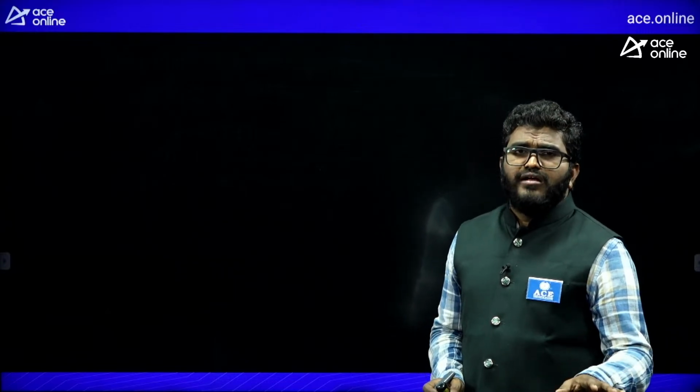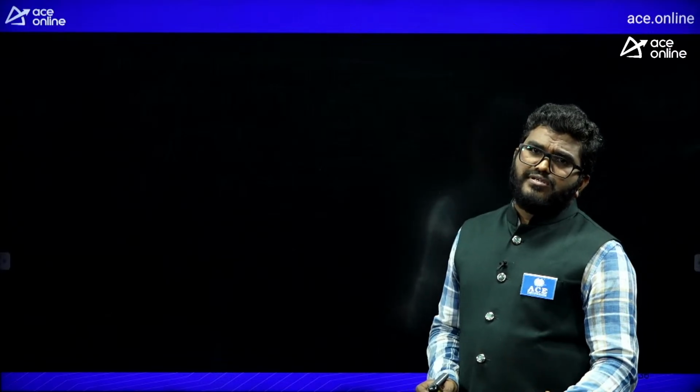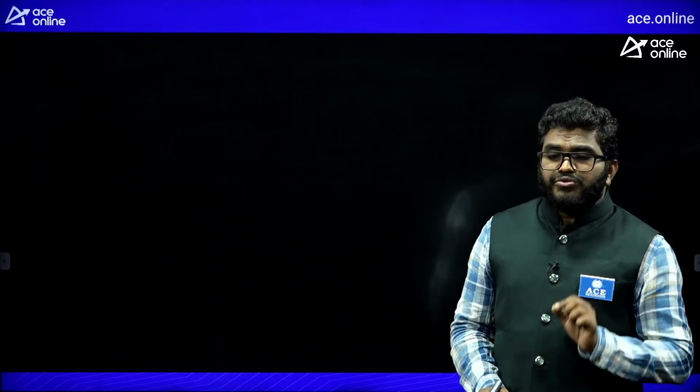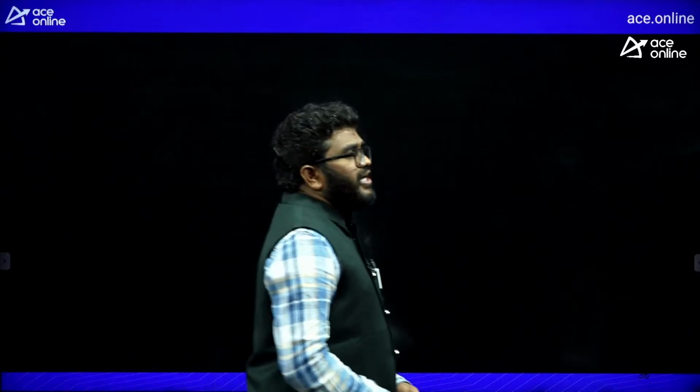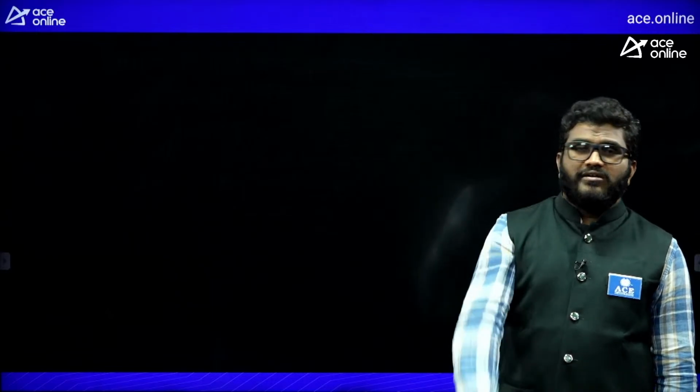Not only GATE and ESE, any competitive exam you take, ISRO, DRDO, BARC, BDL, they are simple, formula-based questions. Sometimes even the concept is not required, just remember the formula, and sometimes even a calculator is not required. For the GATE exam, a calculator is required, as they will give some lengthy questions. For other competitive exams, from these two topics they will ask you easy questions. So be focused on these two topics, and all the best for your exam.